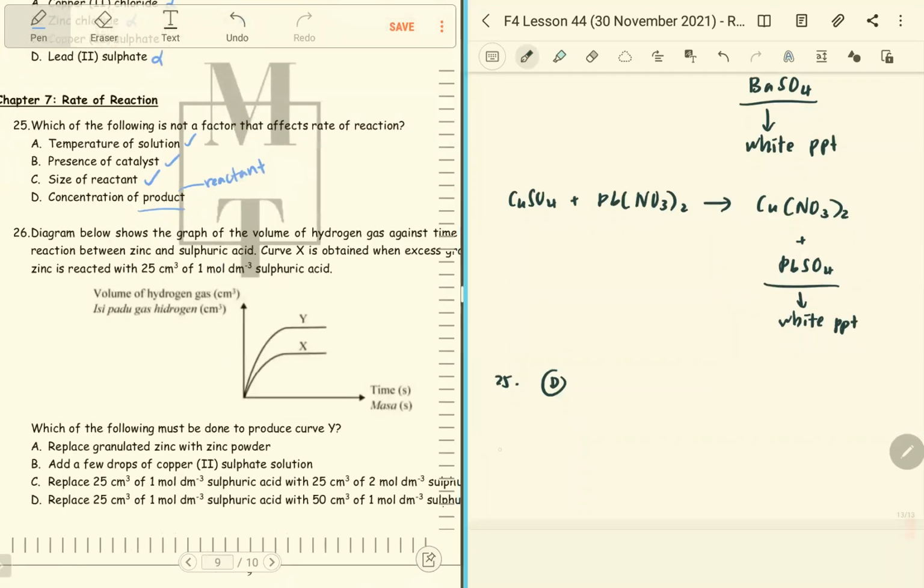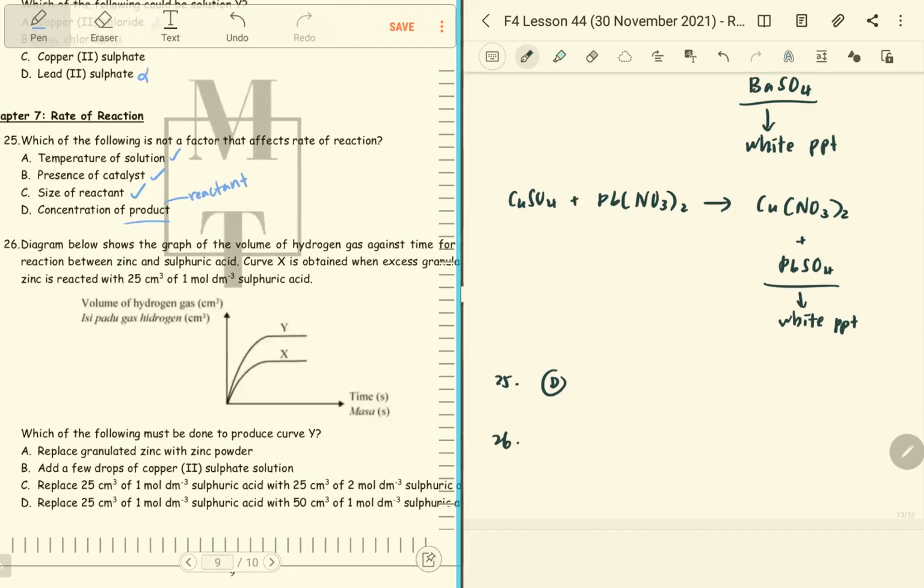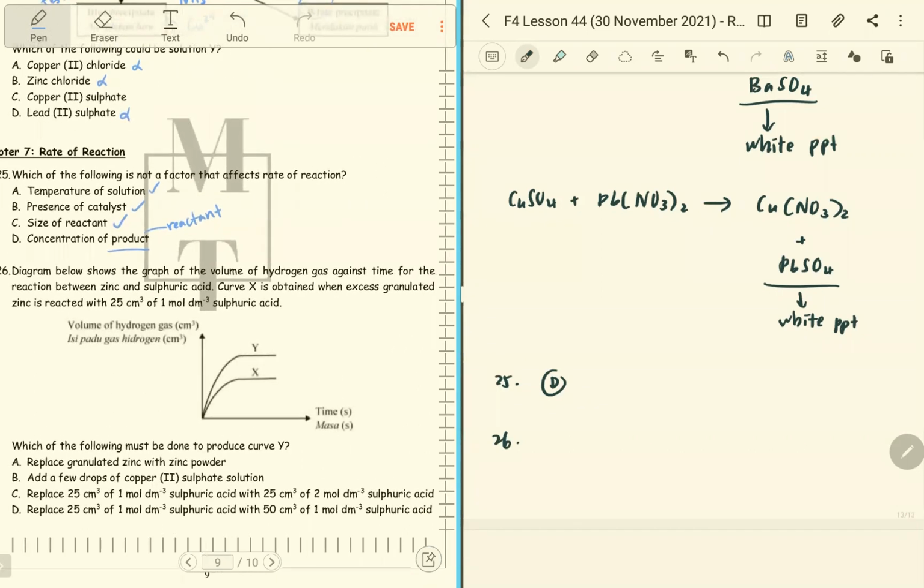Okay. So question number 26. Which of the following can produce curve Y? First of all, I do a tail analysis. So I know Y is higher than X. So that means I have more moles, or more concentration.